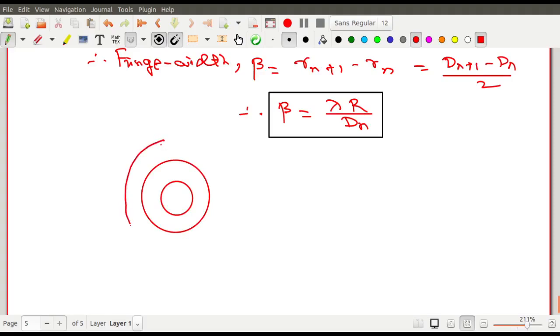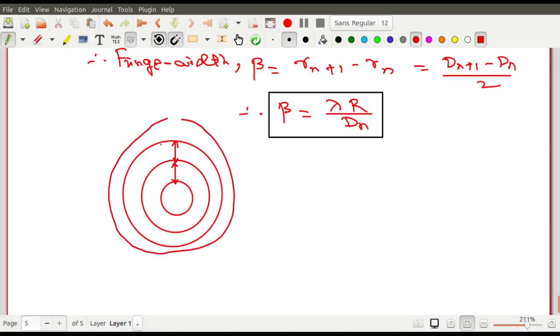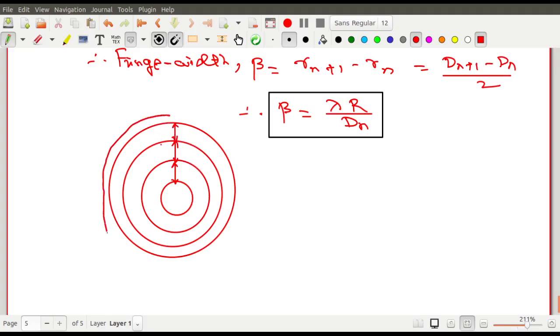Look at this separation and this one. It is decreasing. The next ring will be something of this nature, and it is further decreasing. As you are moving outwards, the separation between the rings gradually decreases.